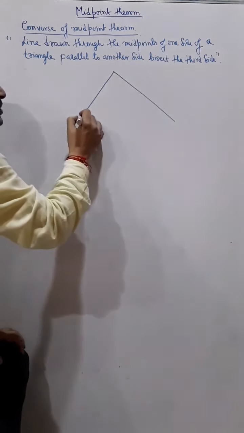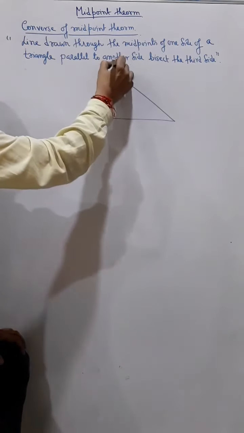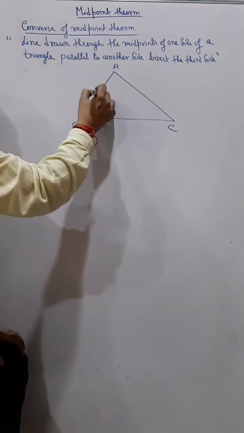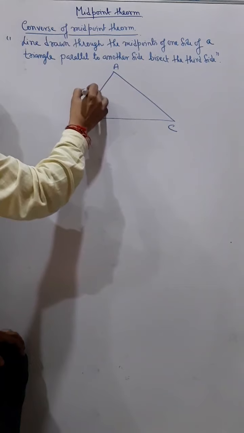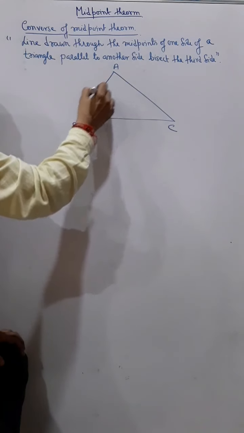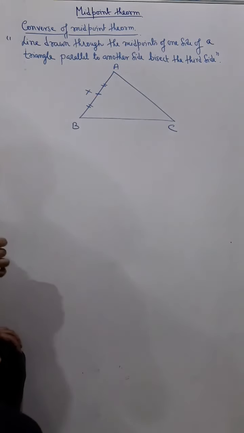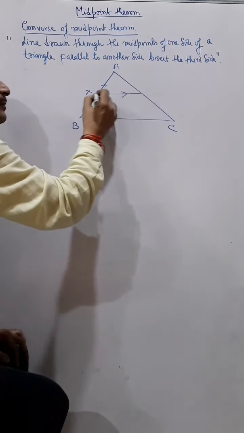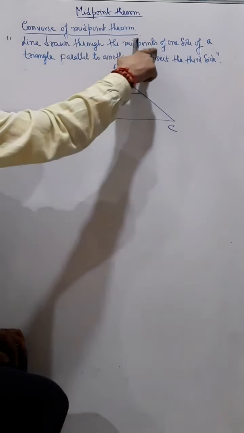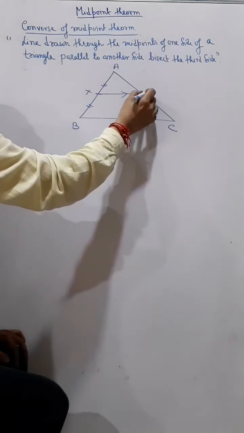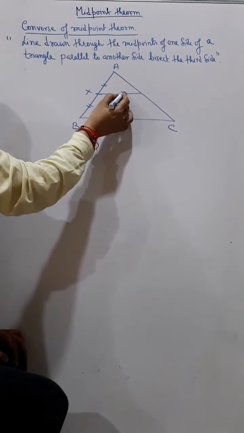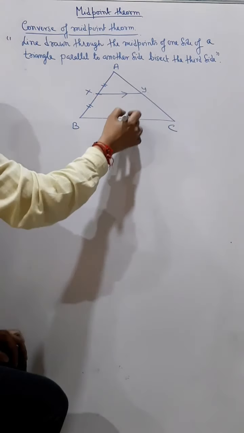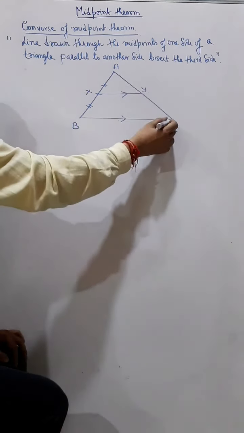Now suppose this is a triangle ABC, and here if X is the midpoint and if XY is parallel, a line passing through the midpoint of one side and which is parallel to another side, so that means XY is parallel to BC.